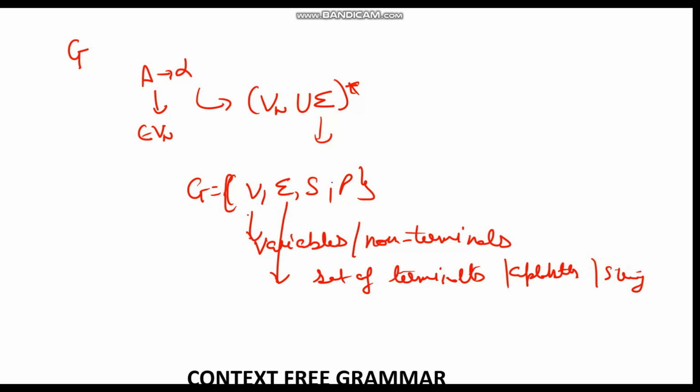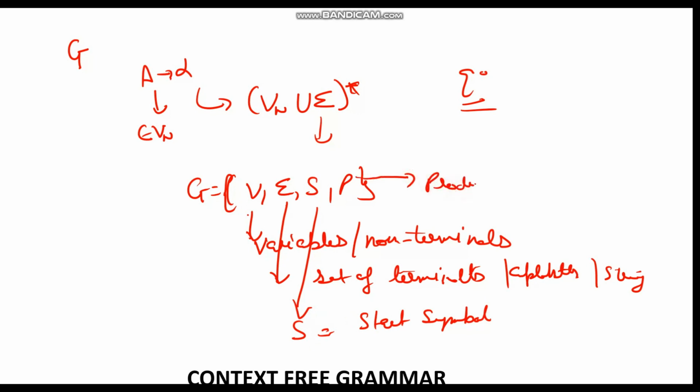Then S is similar to q naught, the initial state in regular expressions, and here we have S, which is a start symbol. So here we are not designing any type of state machines, we are designing with a start symbol. And then P is basically a production rule.